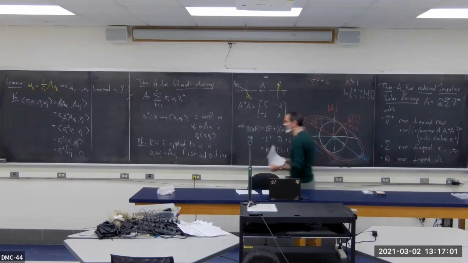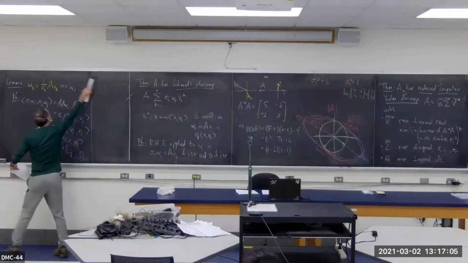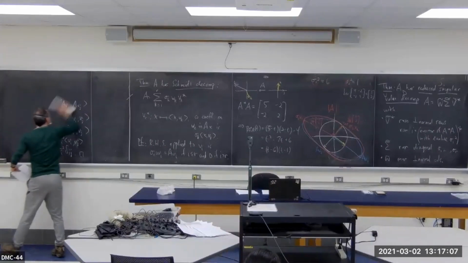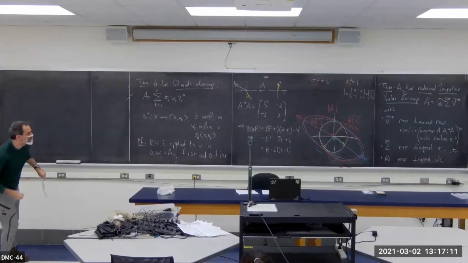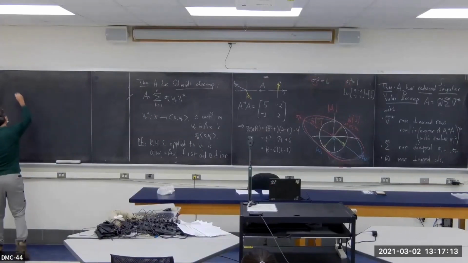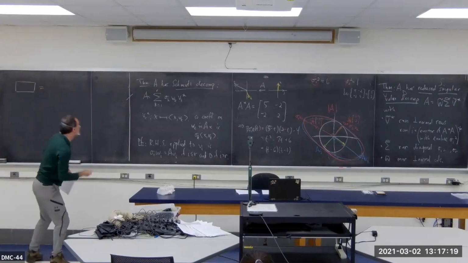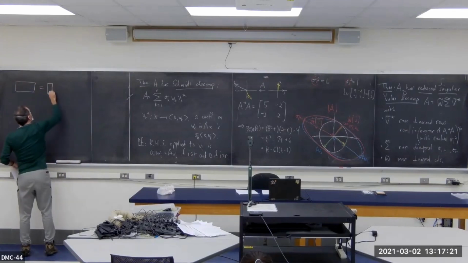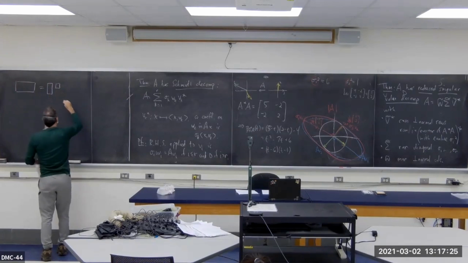So the picture, these are the orthonormal columns, by the way. The picture is to have an m by n matrix, and it's supposed to equal an m by r, and then an r by r, and then an r by n, right?